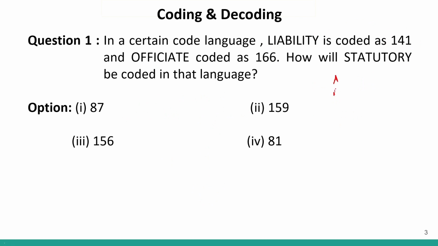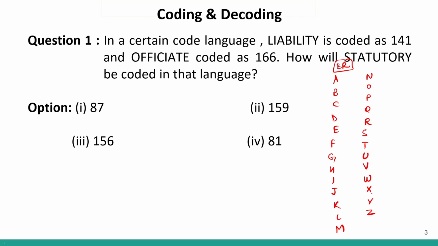So we have A, B, C, D, E, F, G, H, I, J, K, L, M, N, O, P, Q, R, S, T, U, V, W, X, Y, and Z. So backward ranks I am writing, okay? Backward ranks from Z we will go in an increasing manner.